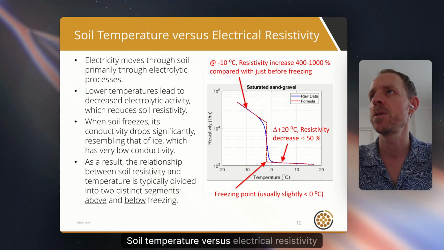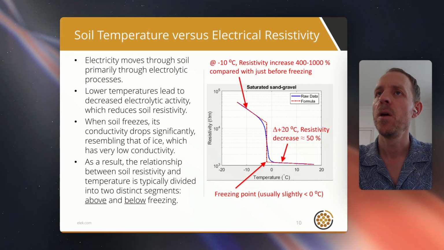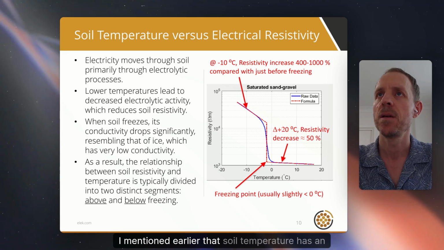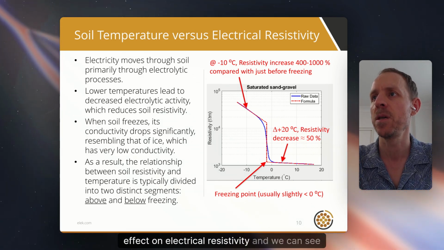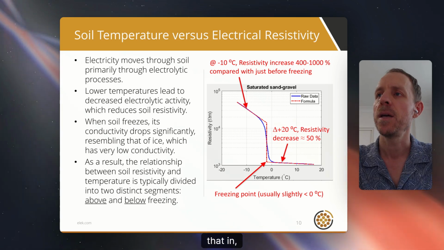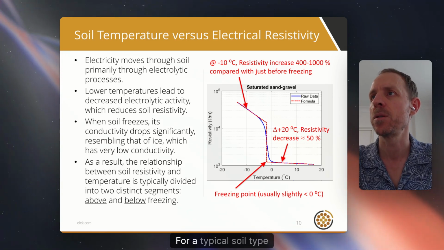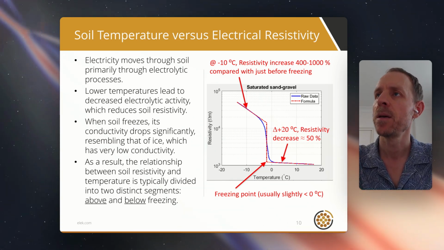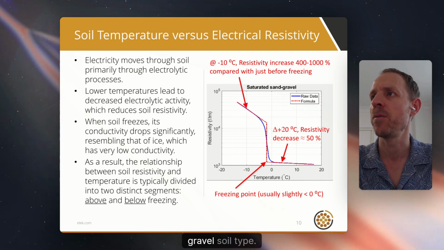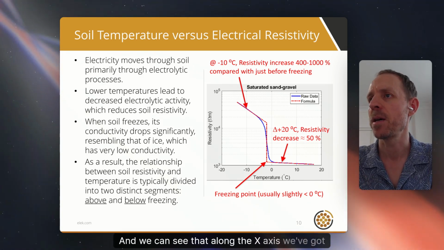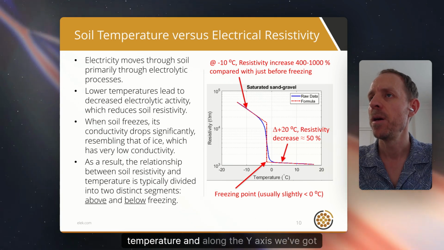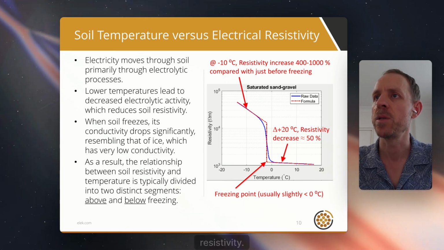Soil temperature versus electrical resistivity. I mentioned earlier that soil temperature has an effect on electrical resistivity, and we can see that in the plot here for a typical soil type. It's saturated sand gravel soil type, and we can see that along the x-axis we've got temperature, and along the y-axis we've got resistivity.